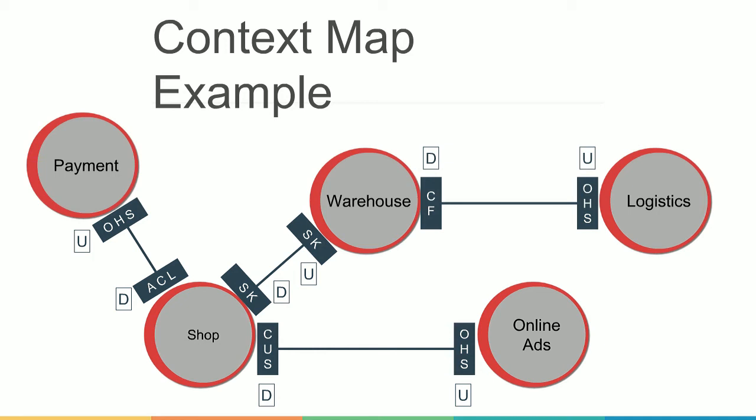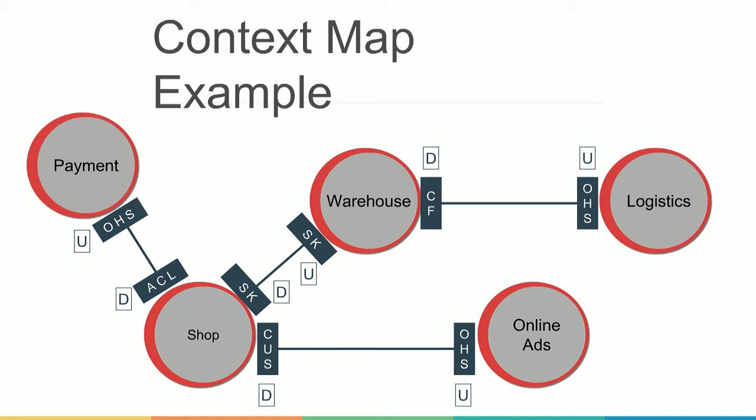But looking a little bit deeper into that relationship, we find out there is a risk that parts of the model from FedEx are propagating to the shop because of the shared kernel and the conformist relationship on the warehouse side. Now, this gives us a really, really good insight.